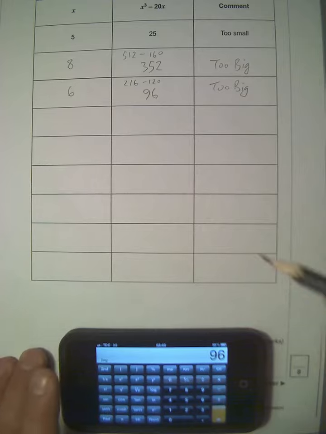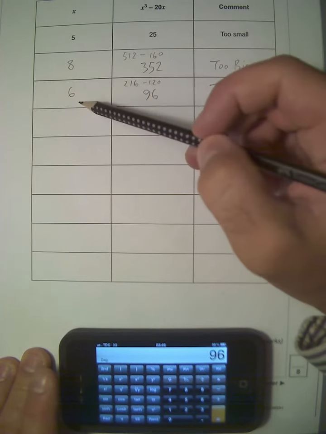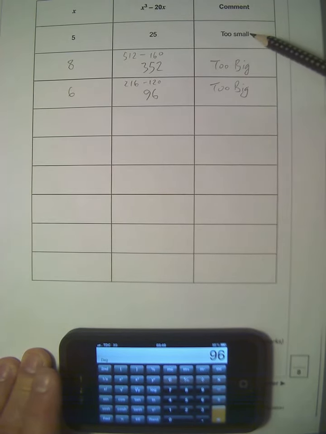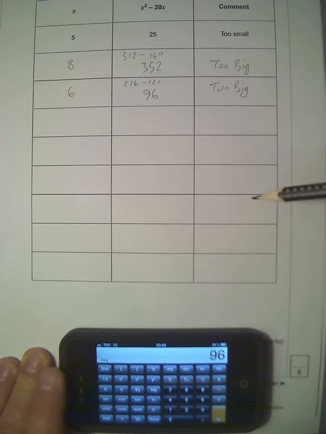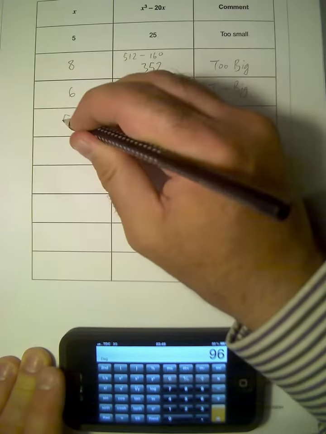So we know that the solution, or a solution for x, there may be more than one, lies between 5 and 6, because 5 gives you something that's too small and 6 gives you something that's too big. So try 5.5.